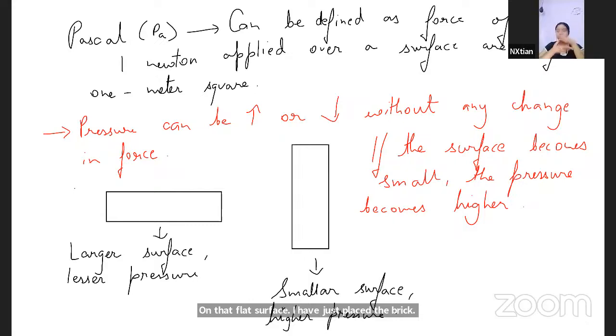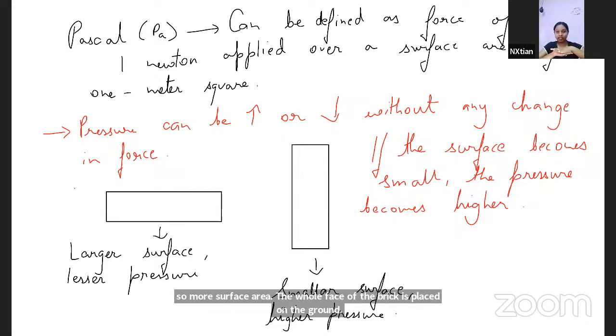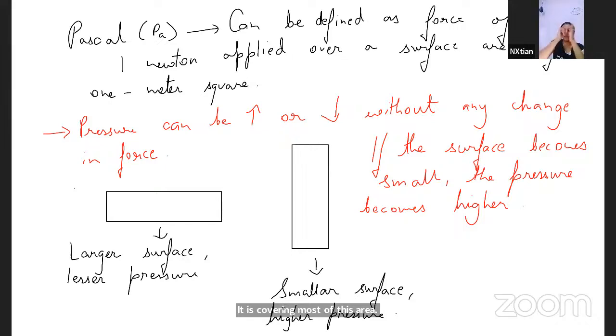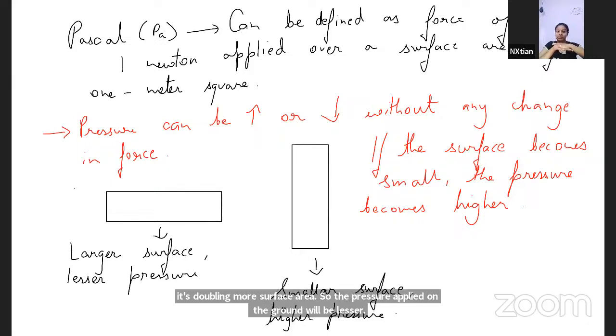The whole face of the brick is placed on the flat ground. It is covering more surface area, so the pressure applied on the ground will be lesser.